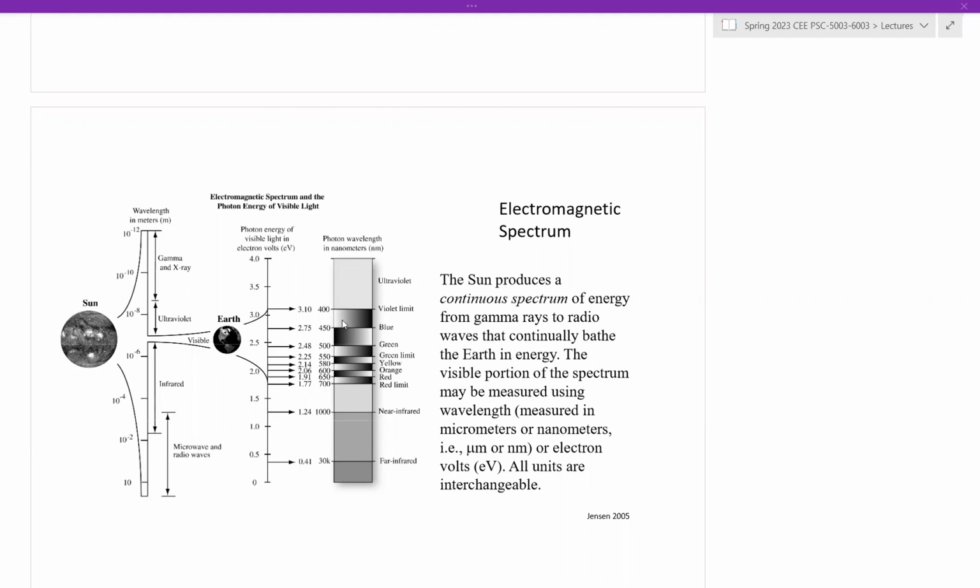Between 400 and 450 we will have blue, 450 to 500 is the green limit. There are custom tables, but we will use another one that is easier to memorize, and it will tell us, if our sensor is capturing information in a specific wavelength, what spectral region it's referring to.